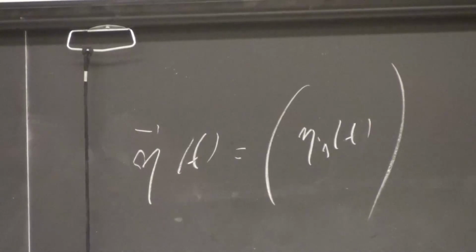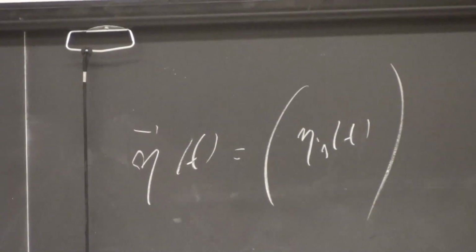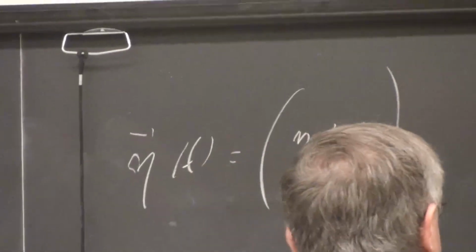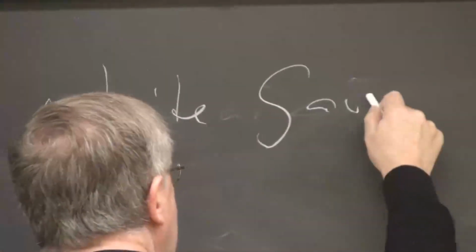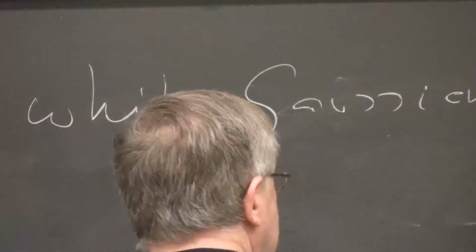They're very easy to deal with mathematically, and it describes many, many situations. And the noise that we choose is white Gaussian noise.